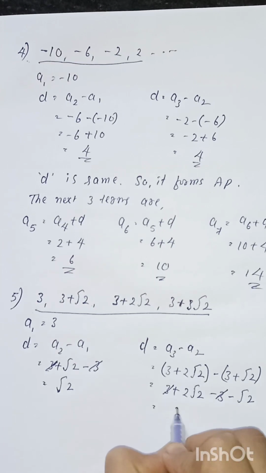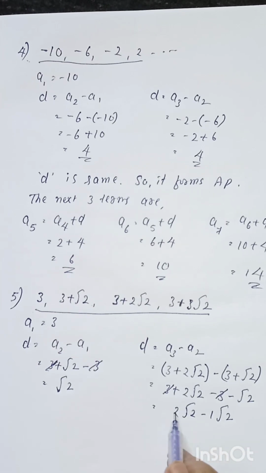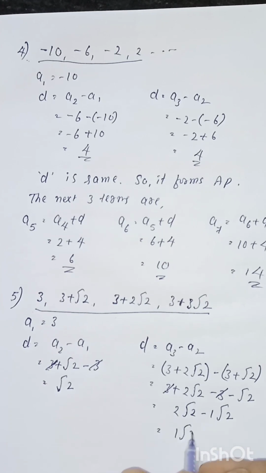I will write once again, 2 root 2 minus 1 root 2. Here the root 2 and root 2, so we can take it together. If there is no sign, it is plus 2, so plus 2 minus 1, it becomes 1. Your answer is root 2. That is nothing but root 2.